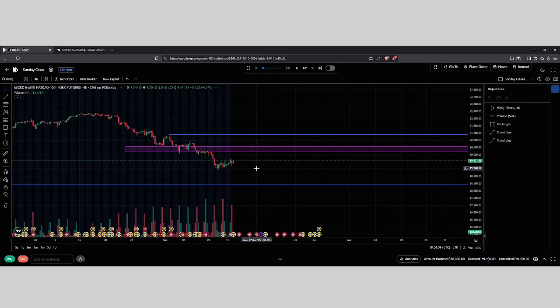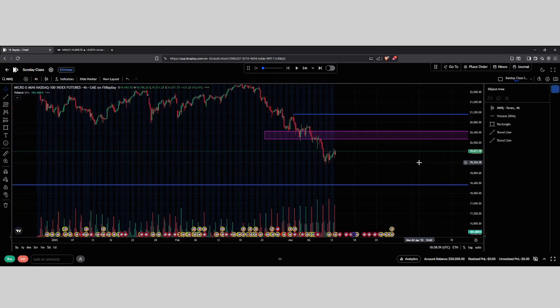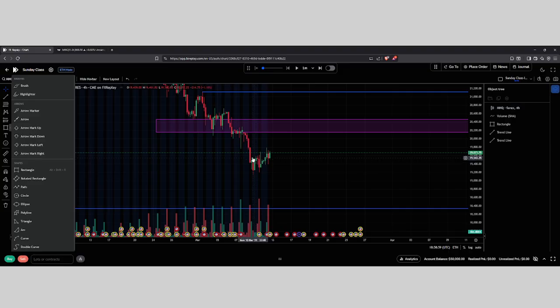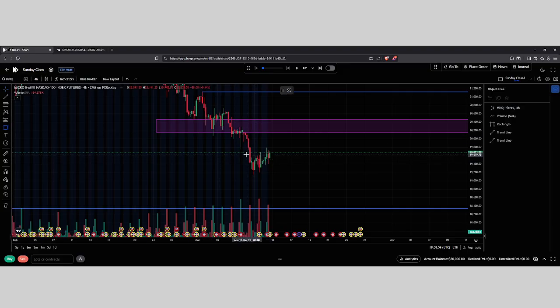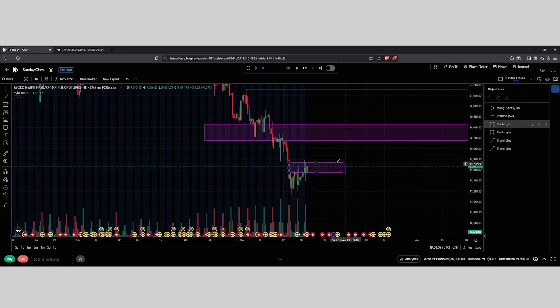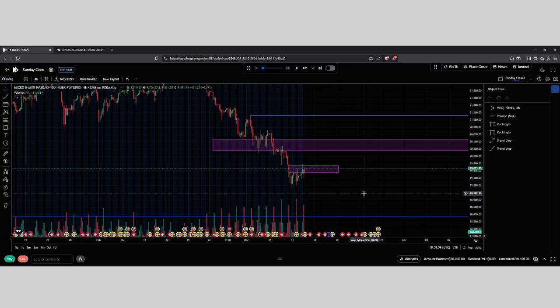Let's go 4 hour, see if we're missing anything. Curling back up, but so far holding this. So as of right now, unless we see an inverse, I am leaning more bearish.